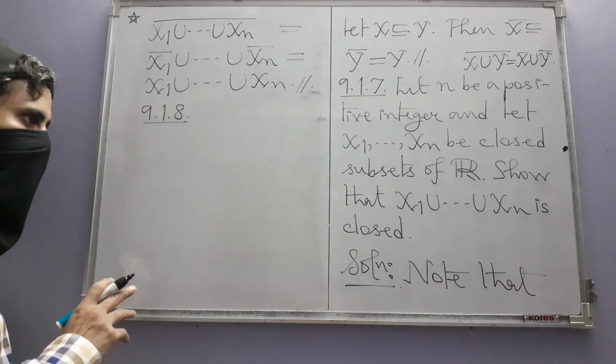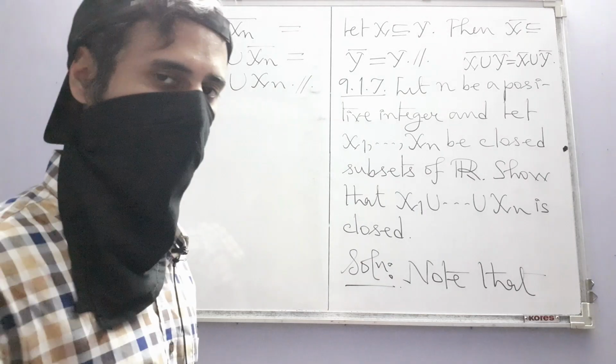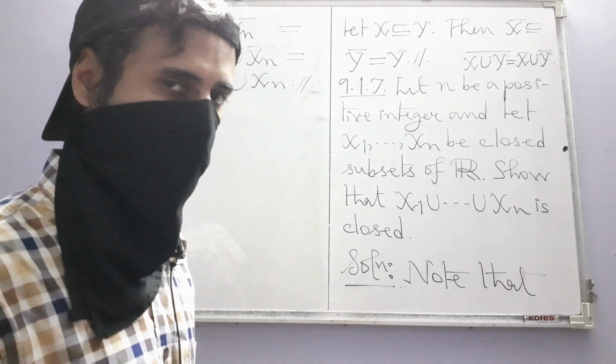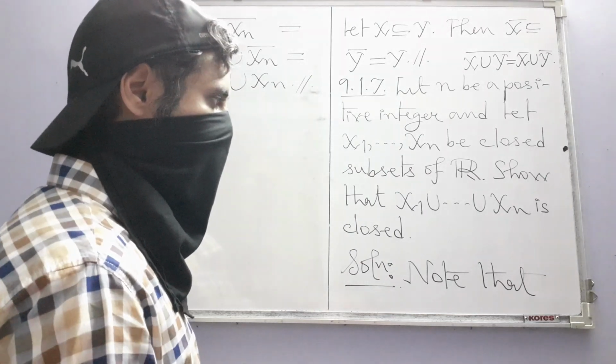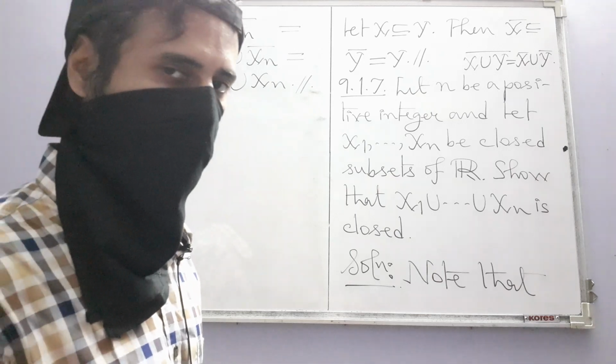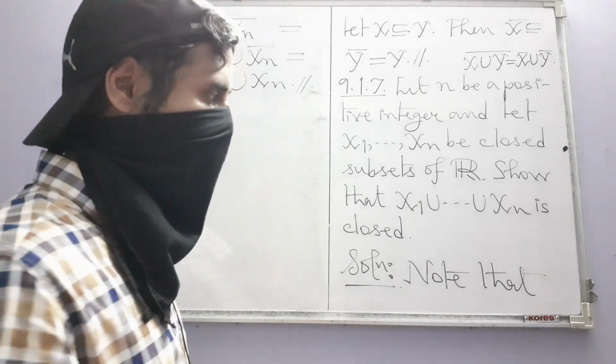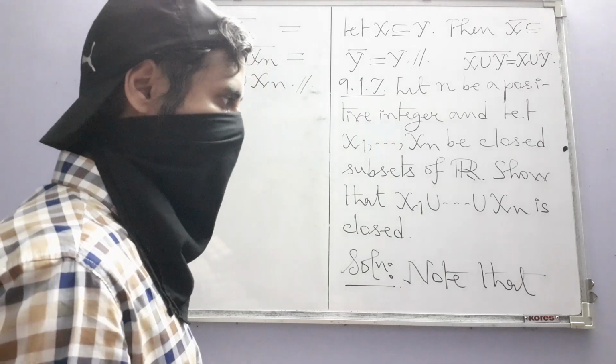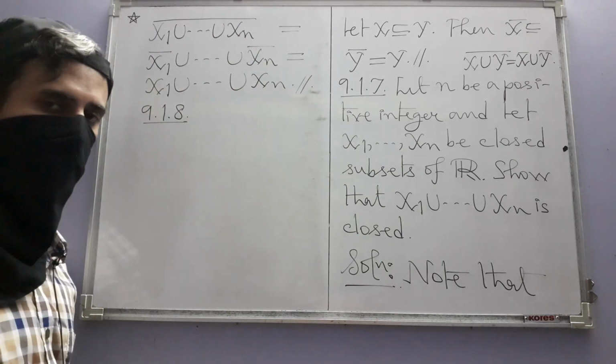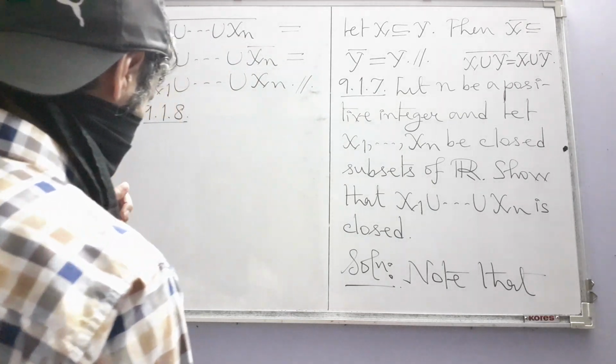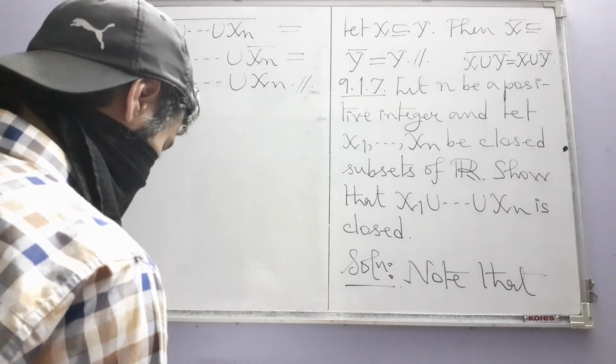However, when you bring intersection instead of union into this situation, then finiteness is not needed. Any intersection where any number of closed sets are involved is again going to give you a closed set. So this next one is about that.